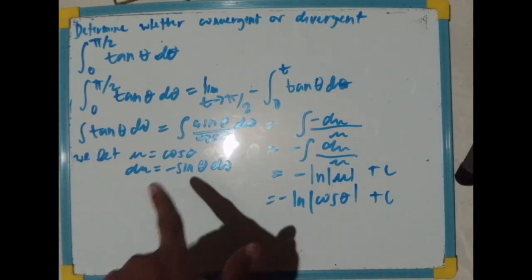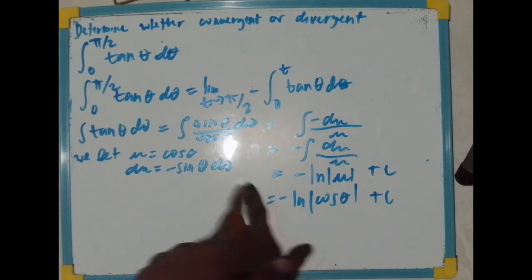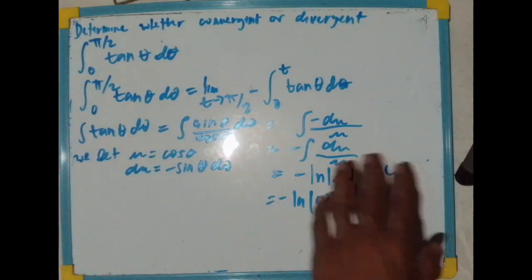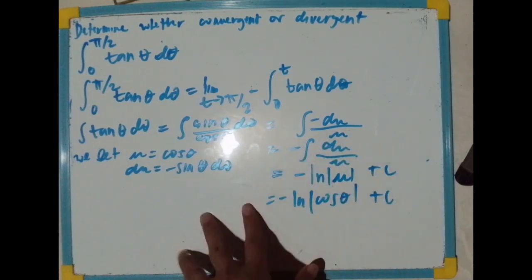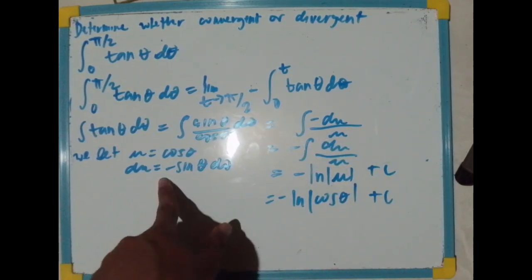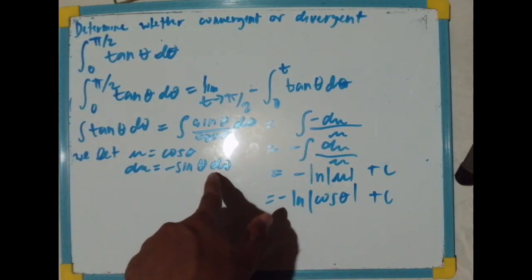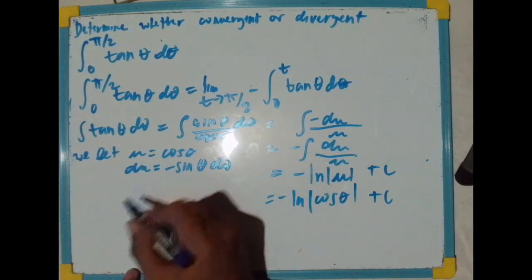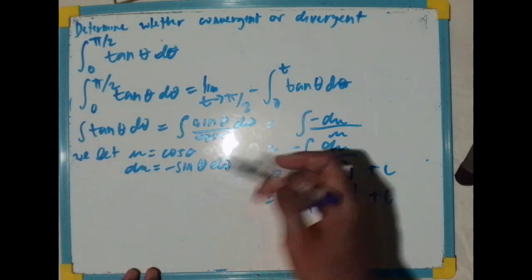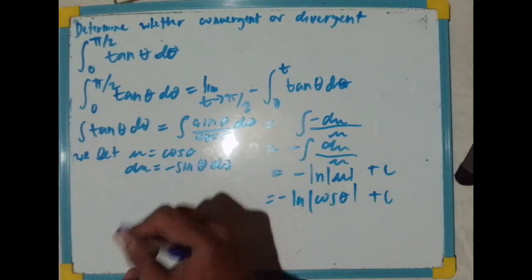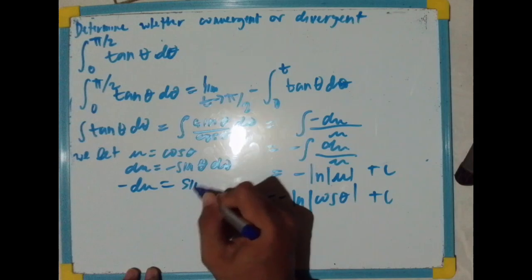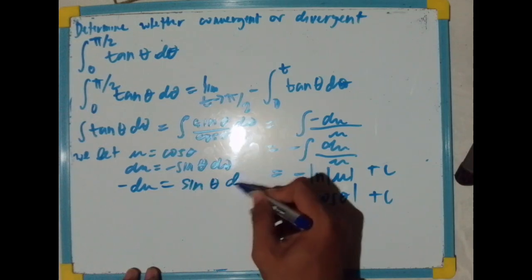Substituting the values, we have the integral of negative du. Why negative? Because we have du as negative sine theta d theta, and we multiply both sides of the equation by negative 1, so we have negative du over sine theta d theta.